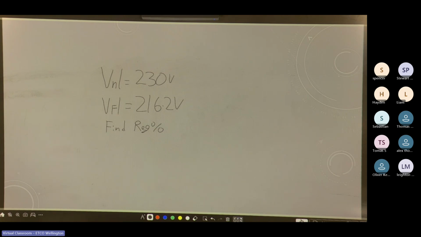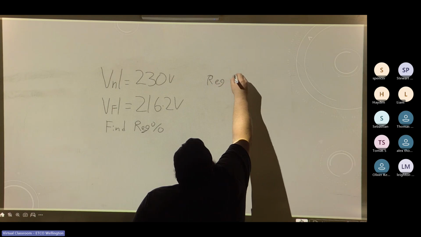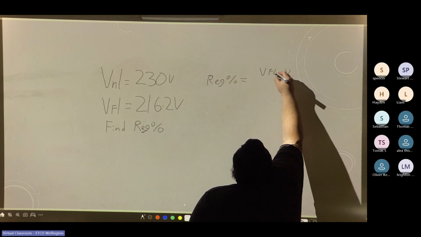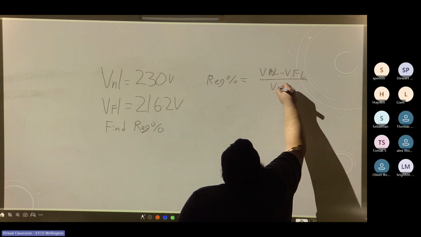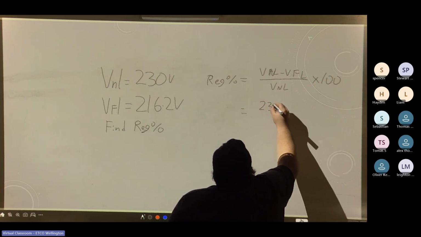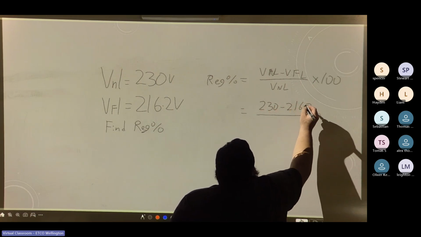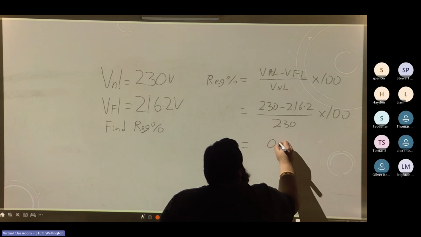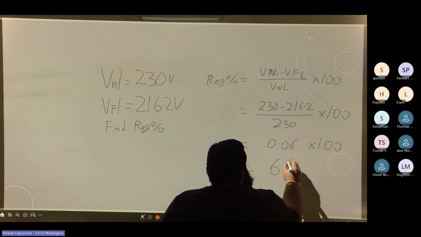So yeah, use the same formula. Our regulation percentage is equal to voltage no load minus voltage full load over voltage no load, times 100, which this time is 230 minus 216.2 over 230, times 100, which gives us 0.06, and again times 100 gives us 6%.